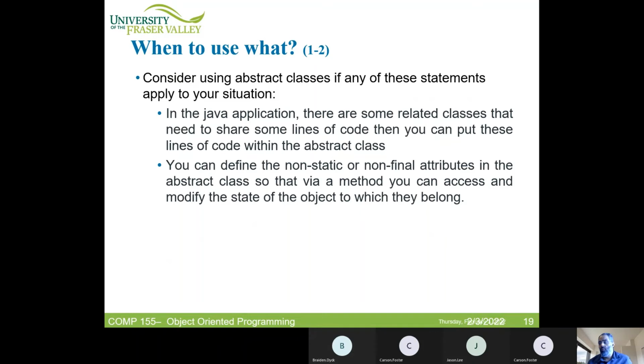Now the question is: when to use an abstract class and when to use an interface. If I'm interested in abstraction, I have two choices: either use an abstract class or use an interface.